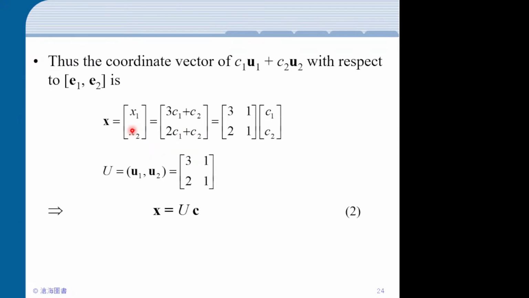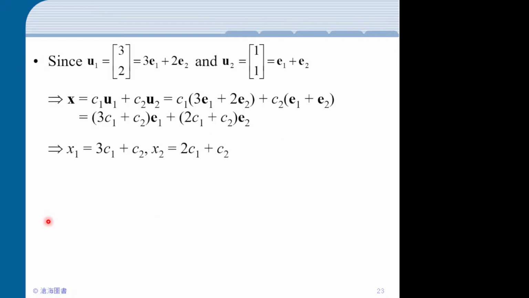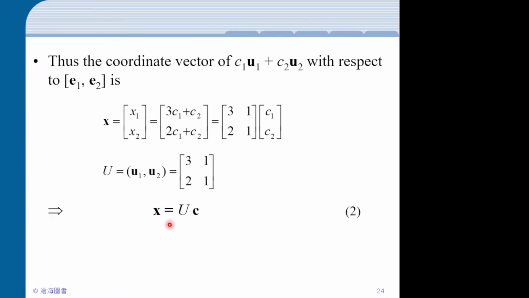And we find out that there is a really simple equation to change from the coordinates in your arbitrary basis to the standard basis. You just write down the equation and you find that x in the standard basis is this matrix U times your coordinates in your new basis.